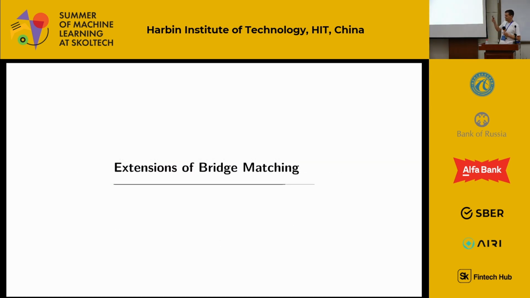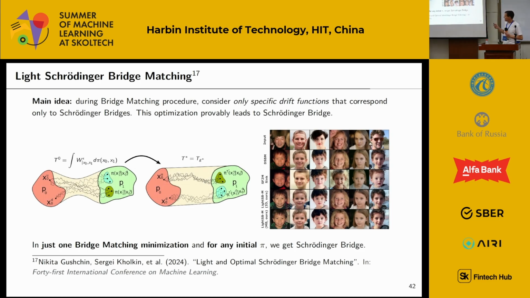Okay, and finally, there are some extensions. I'll very briefly just tell you about them. In fact, my group and I work in this direction a lot, and we have some papers related to this. For example, if we talk about diffusion bridges, if you want to obtain this Schrödinger bridge, this solution of entropic transport, there is no need to do iterative learning.